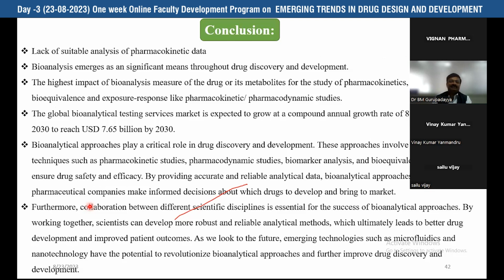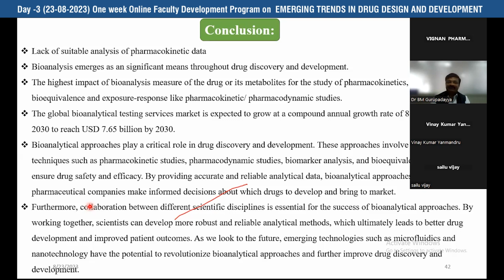In bioanalytical methodology, pharmacokinetic data is important. What we are observing in the pharmacokinetic data is the concentration of the drug available at different time points. These data must be reliable, and suitable analytical techniques are required for finding the concentration.